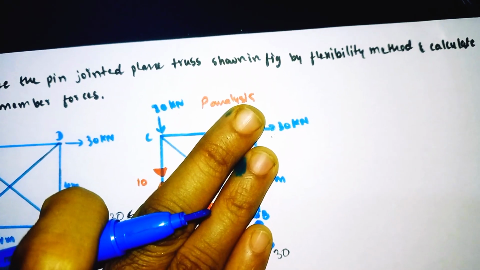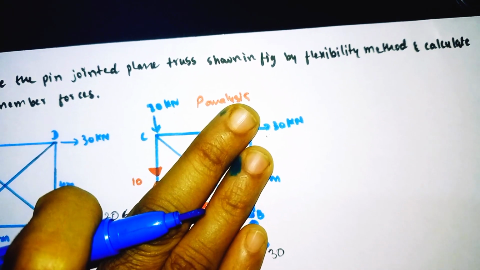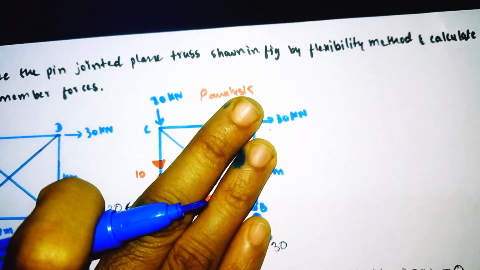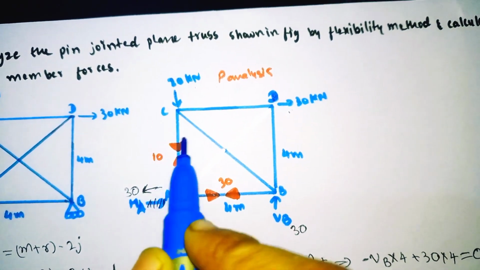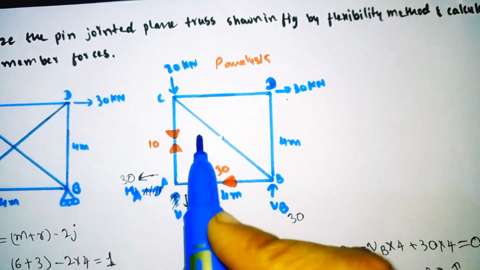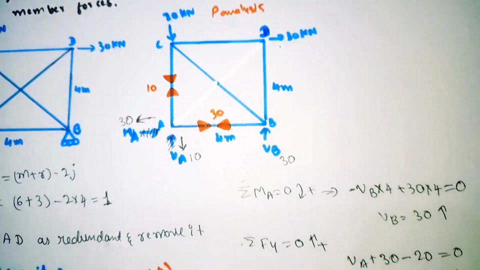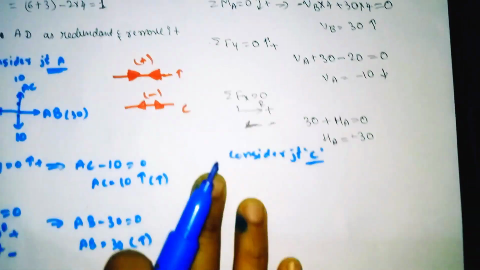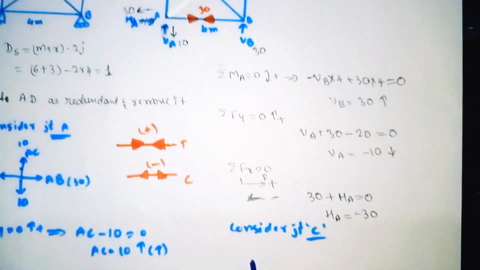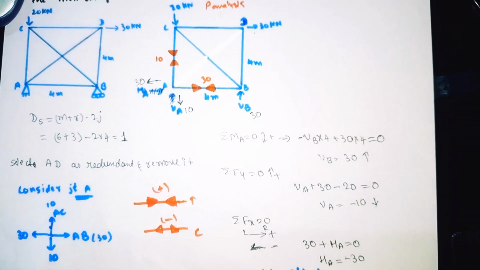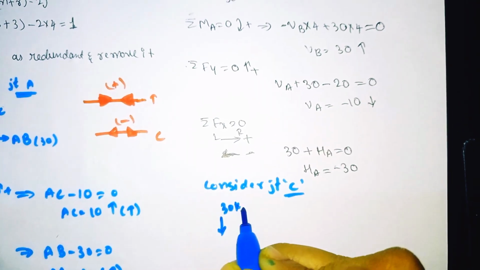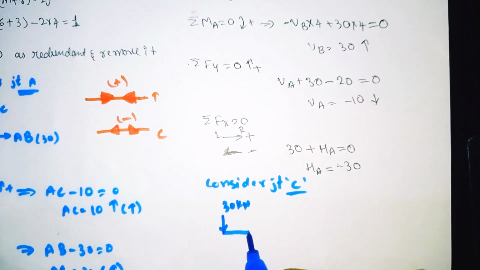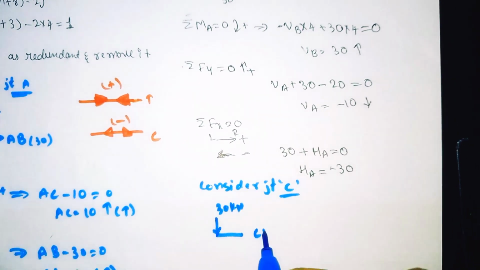Joint C has the 20 kilonewton load, and one load here moving downward, that is 10 kilonewton, and from here your own diagonal member will come. 30 kilonewton is coming downward, and it has the CD.